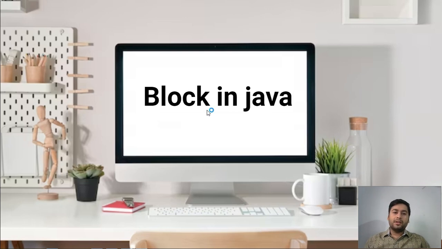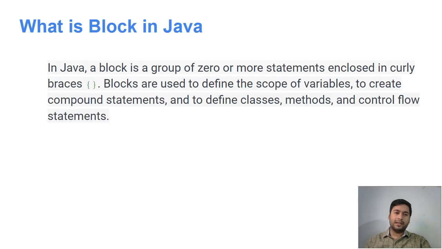Basically, a block is something like curly braces, open and close. Those things we call one block. A block can have a name, or it may not have a name; both are possible. In Java, a block is a group of zero or more statements enclosed in curly braces.